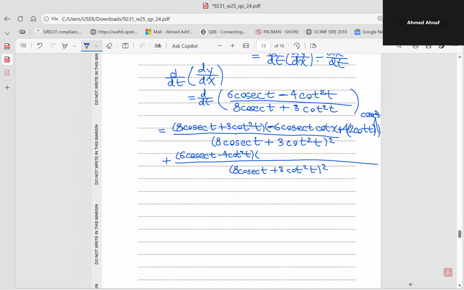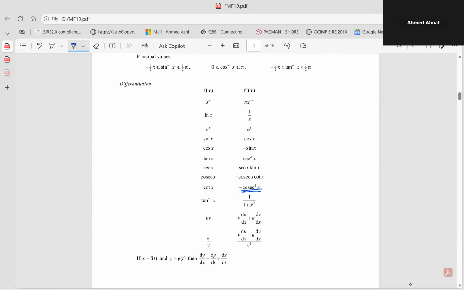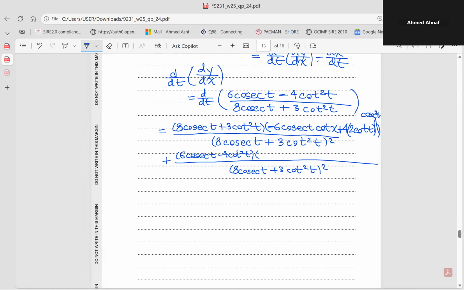Differentiating 8 cosecant t gives minus 8 cosecant t cotangent t, plus 3 times 2 cotangent t times the derivative of cotangent, which gives minus cosecant squared t.